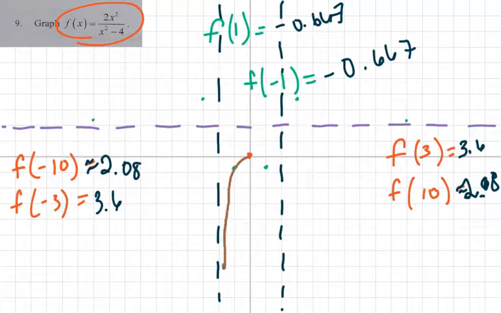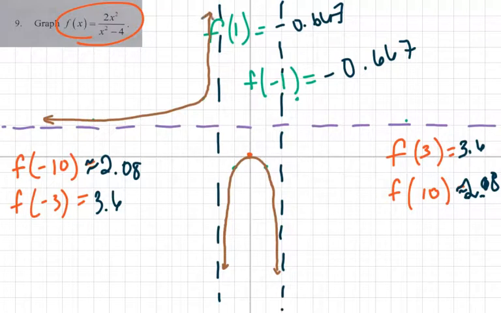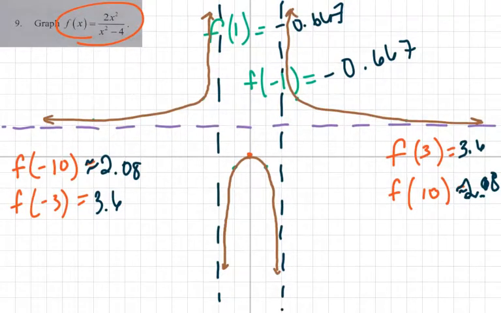Remember, it gets close to the asymptote but never touches. And same thing on that side. Lovely. From here, this is going to approach this vertical asymptote and then come down. And this is essentially a mirror image of that one. Nice. Okay, so that is our second example.